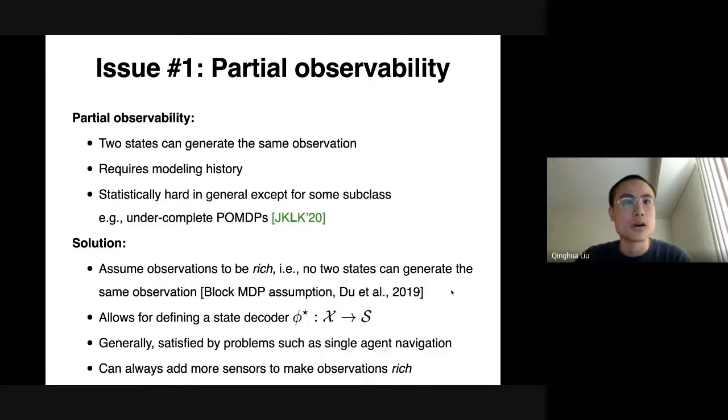We assume the observations to be rich enough so that no two states can generate the same observation. In other words, we can directly decode the latent state from our observation. In practice, we can always make this assumption satisfied by adding more sensors or more cameras, so that our observations will be more rich and more informative.